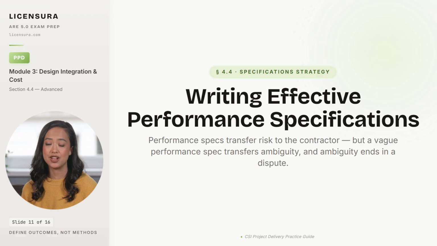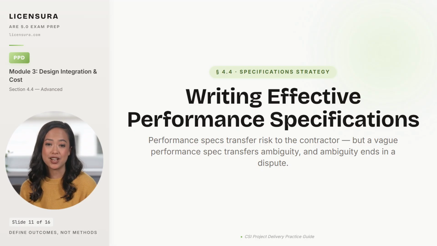It is an invitation for the contractor to deliver the cheapest option that arguably meets the wording, and for the architect to be sued over what the spec actually meant when the owner's curtain wall leaks in year 3. The wrong word in a performance spec is also a wrong answer on the exam. And candidates who confuse measurable performance with marketing language fail the exam section every cycle.